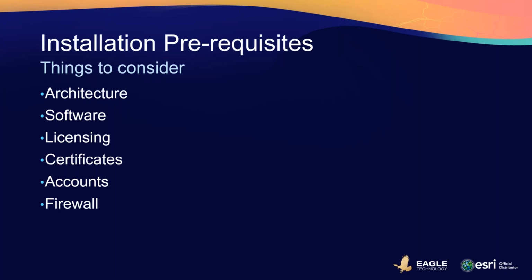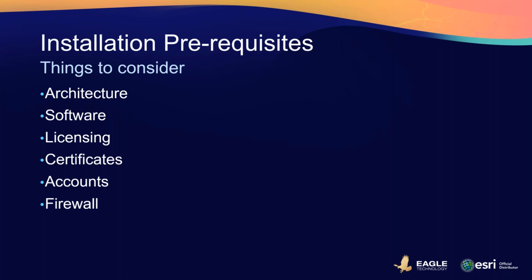Do we have the correct licensing files for the software we're going to install? We can get the licensing from My Esri. So in your organizations, you can go into your My Esri and download the licensing from there as well.